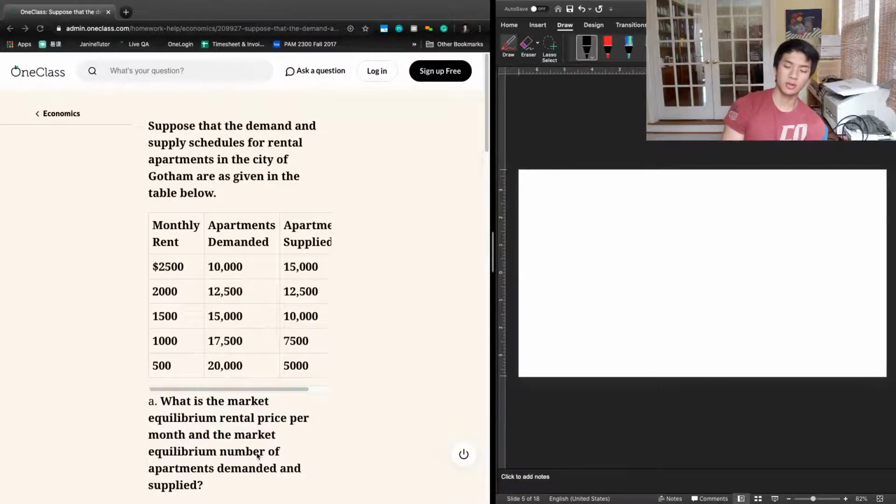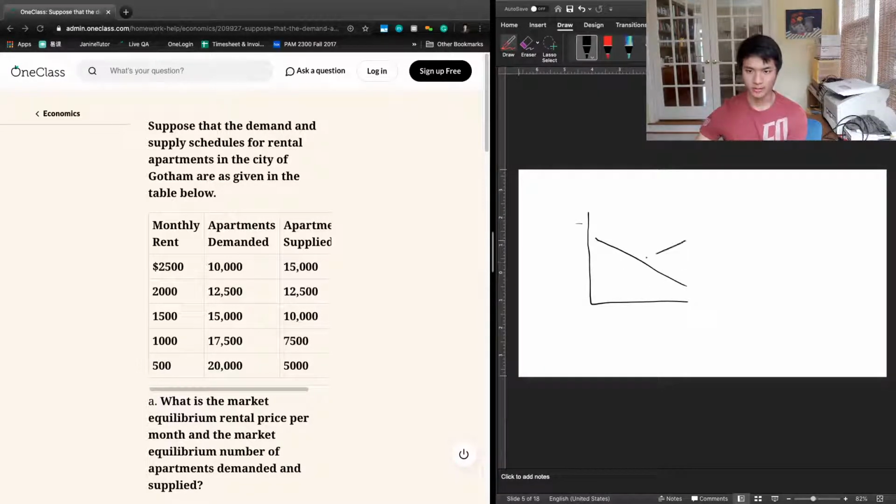So we know that at equilibrium, let's draw this out. At equilibrium in any type of market, you're going to have quantity supplied equal to quantity demanded. And so we're looking for where these two numbers would be the same.